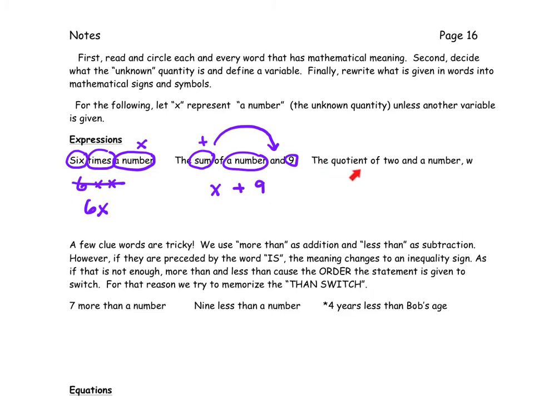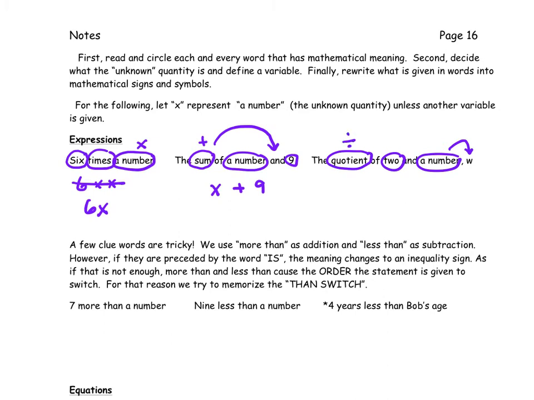Last one, "the quotient of 2 and a number w." Sometimes they give us the variable in the phrase that they want us to use. So the word quotient means that we're dividing the number 2 and a number, but they're telling us specifically that they want us to use w.